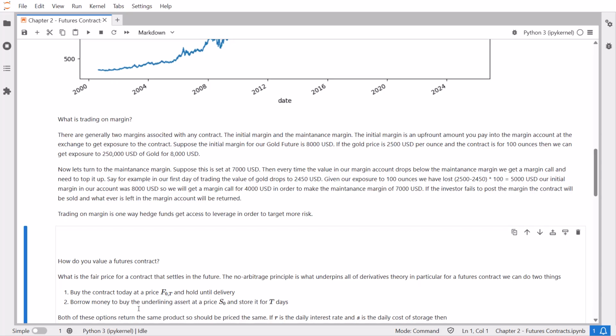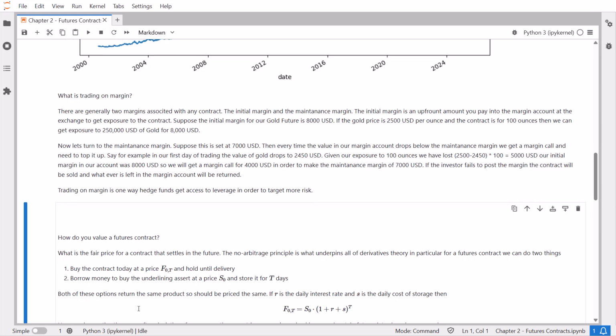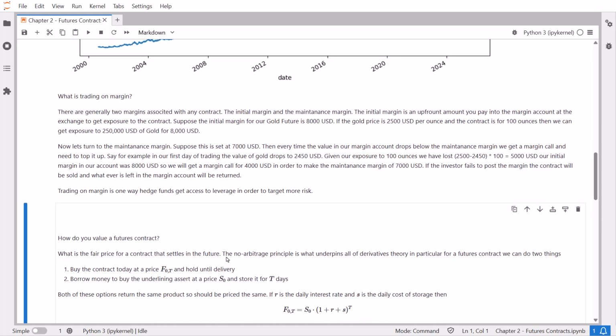So finally, I want to just discuss how do we value a futures contract. So what's the fair price for a contract that settles in the future? There's a thing called the no arbitrage principle, and this underpins all of derivatives theory, and in particular for futures contracts, we can do two things. We can either buy the futures contract now and hold it until delivery, or we can borrow money to buy the underlying asset and store it for T days.